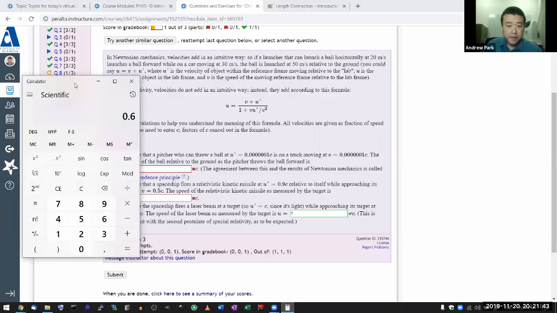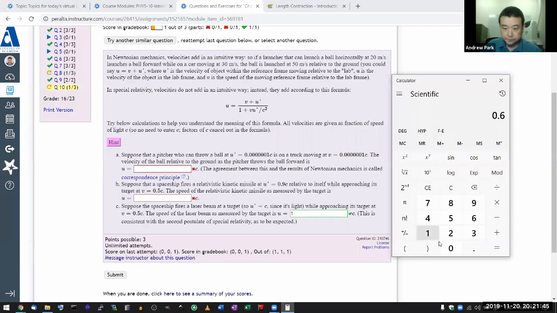I have V 0.5 times U prime 0.9. Actually, it's 0.5 C times 0.9 C. So when you divide it by C squared, you just get rid of the C's. Add that to 1, so plus 1. Okay, 1.45. Let me put that into memory.